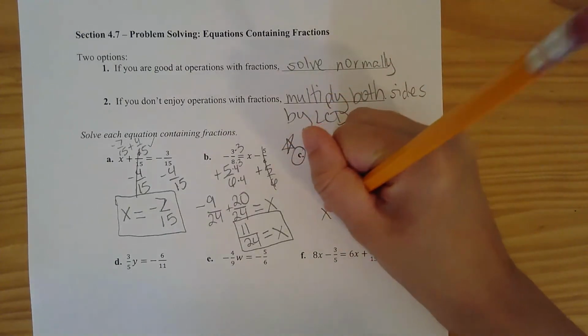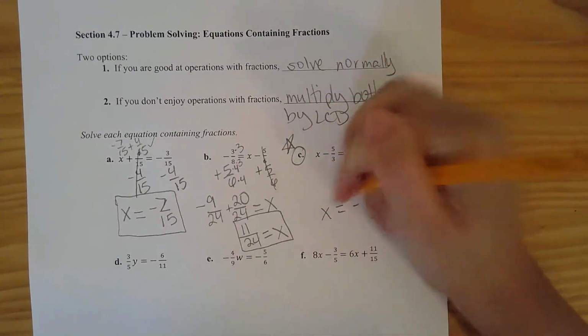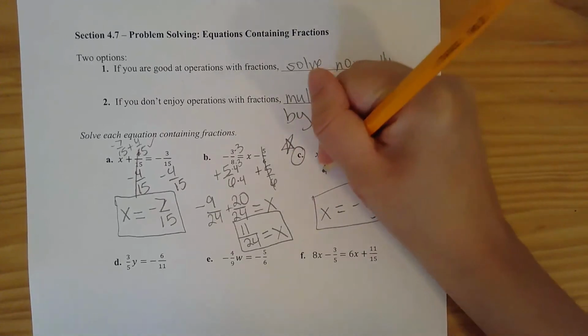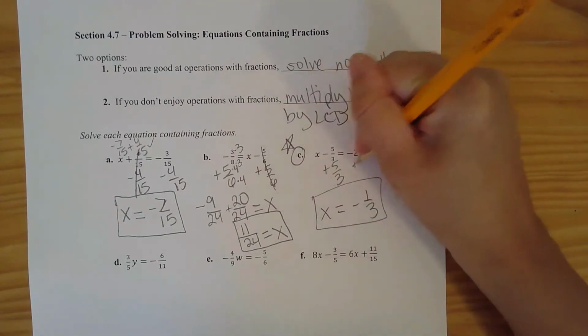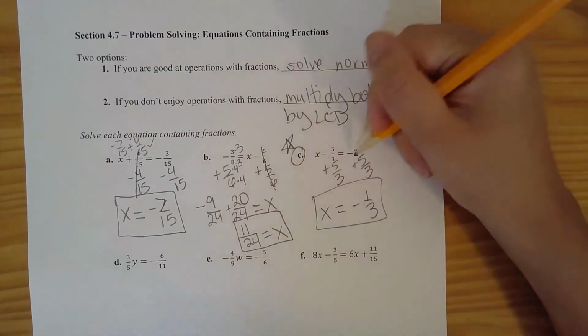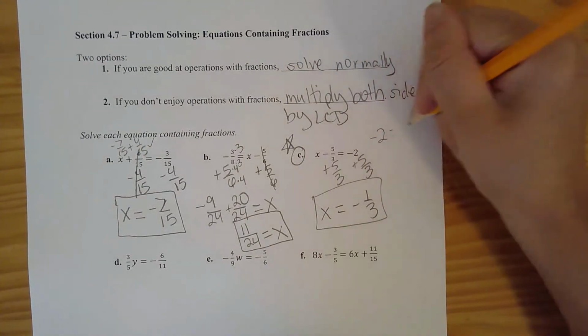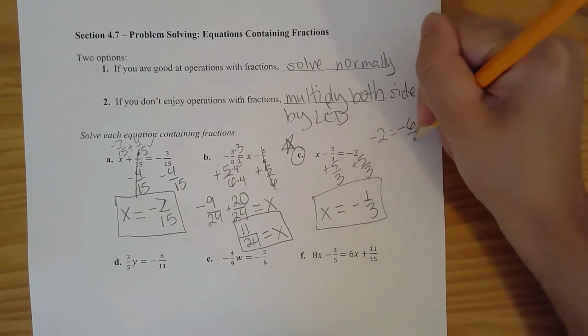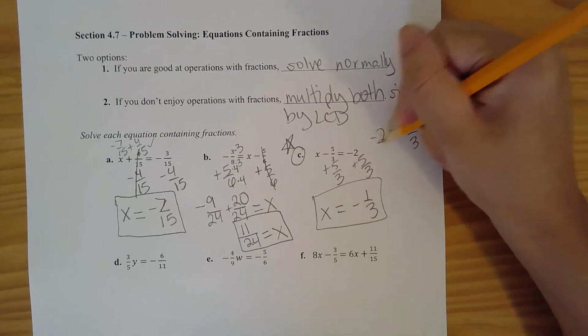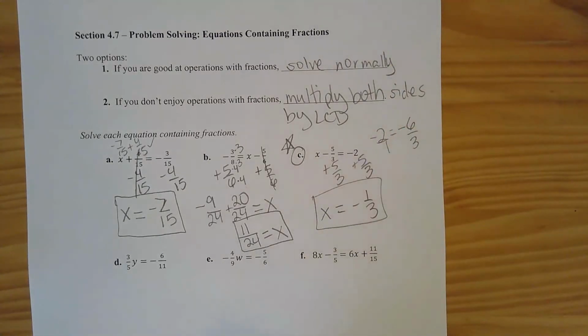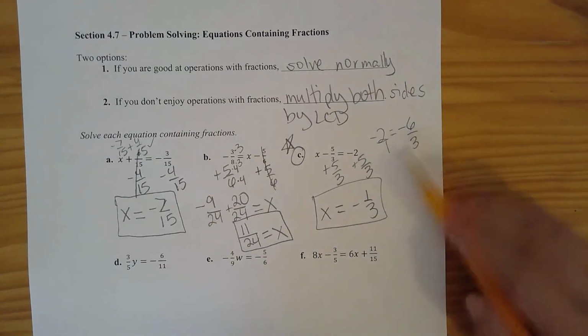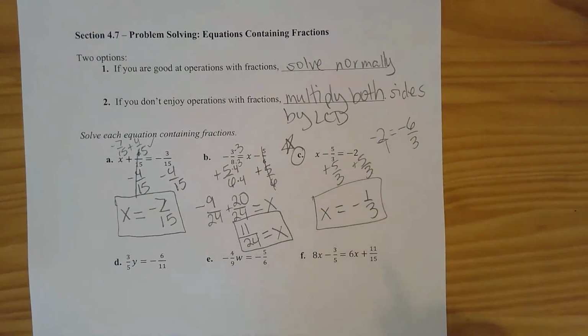You should get x equals negative 1/3 on that one. So you'll add 5/3 to both sides. Just a reminder that negative 2 is the same thing as negative 6/3, because it's negative 2/1 as a fraction, okay? So then you'll have negative 6/3 plus 5/3, which would be negative 1/3 as an answer.